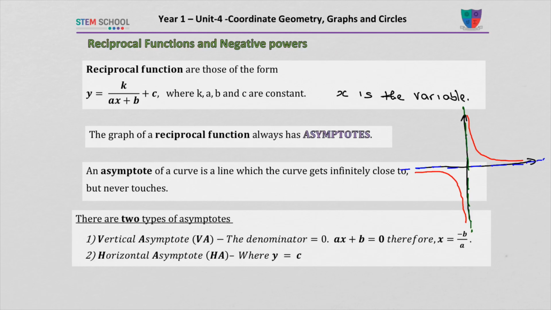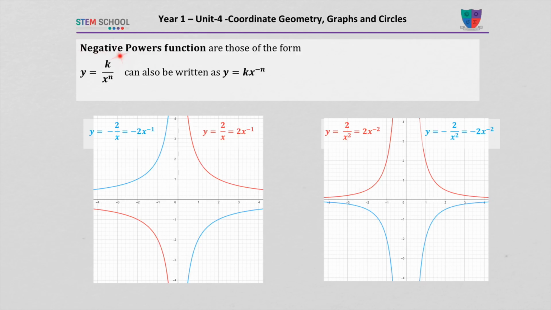So let's look at negative powers. Negative power functions are those of the form y equals k over x to the power of n, plus c. Let me write it out clearly: y equals k over x to the power of n, plus c.